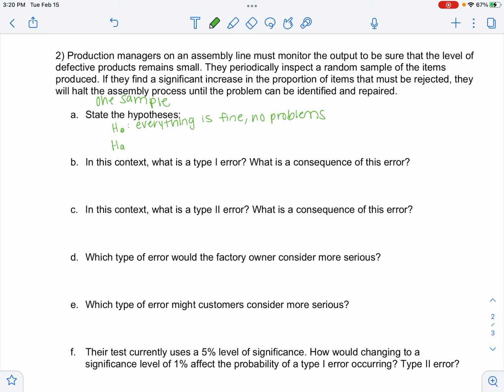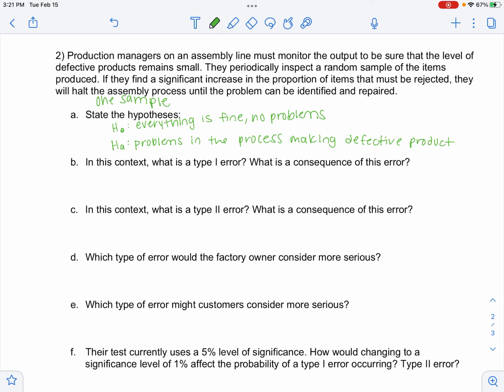The alternative then is that there are problems in the process and that's leading to, so problems in the process making defective product. And you don't have to have these exact words, but something like this. Again, there's not really any numbers in this problem, so we're just kind of talking about it in context of the problem itself.